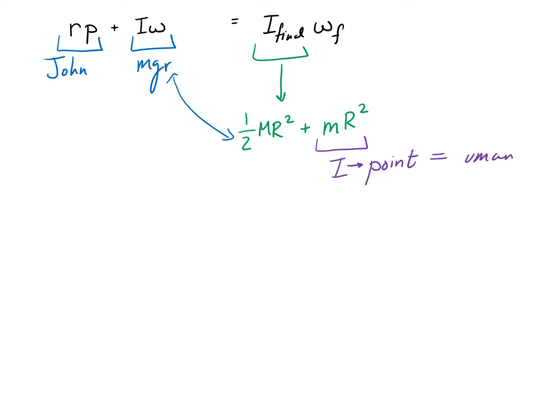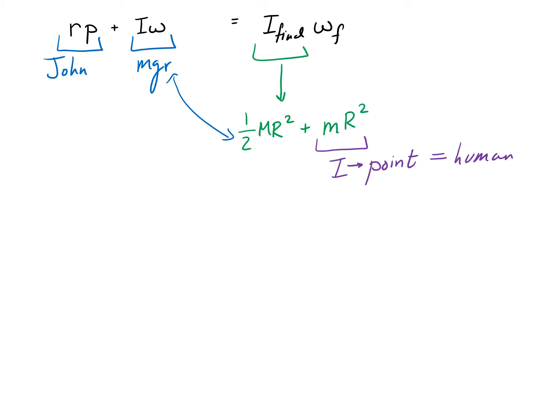Now, I am going to include a video that I'm not going to be doing myself, because it's something I like doing in person, and trying to record it yourself isn't very fun, so I haven't done it. But there is a video that should be showing up in the lecture videos that I post on Canvas, showing how the moment of inertia of a human can be pretty complicated when dealing with conservation of angular momentum.